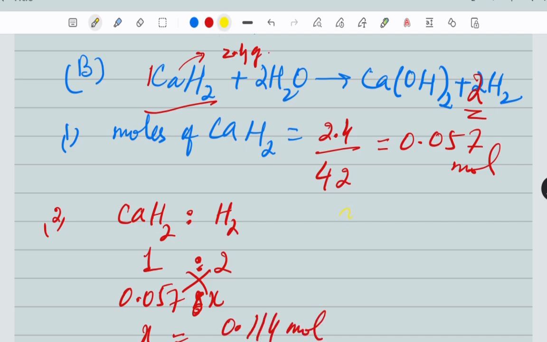Next we have to calculate the volume of hydrogen gas. Moles multiplied by molar gas volume, that is 24 decimeter cube, and the answer for B part is 2.74 decimeter cube. So this one is the second answer.